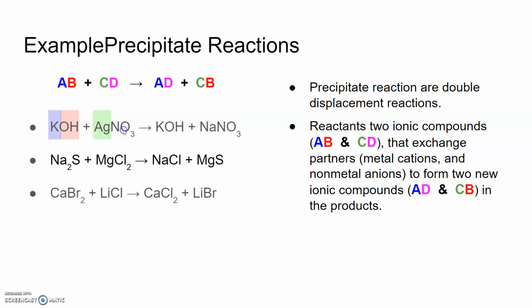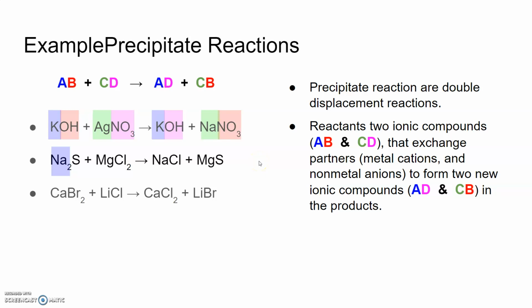And the silver and the nitrate are a partner pair because potassium is our cation, hydroxide is our anion, silver is our cation, nitrate is our anion. And then they would switch. So you have the cation from the first ionic compound and the anion from the second to form your first product. And then the cation from the second ionic compound and the anion from the first to form your next product.